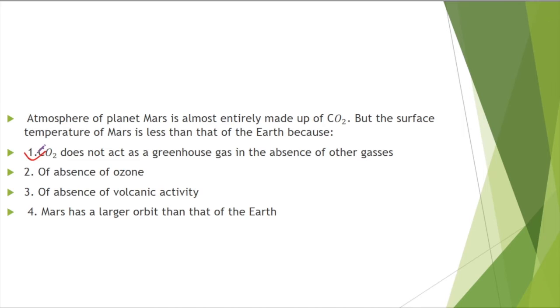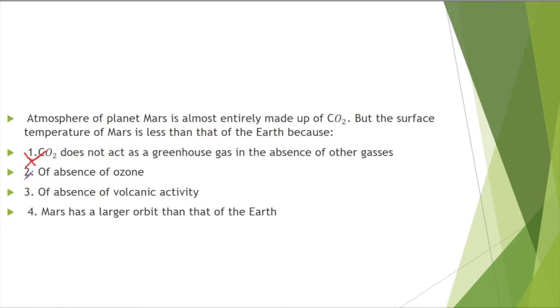So the atmosphere of Mars is very thin. So even if it is full of CO2, it doesn't act as a greenhouse gas, right? Because it's very thin. It can't trap that much amount of heat which increases the temperature of entire Mars.